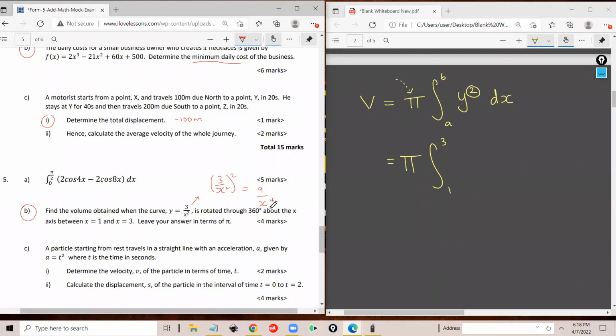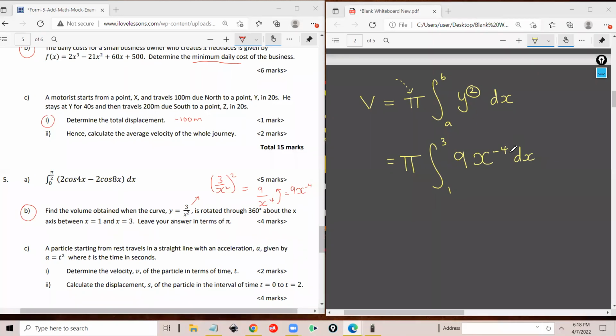When I am integrating, I really don't like it when the x is underneath. My advice is to make sure and throw it on top. So you get x to the power minus 4. So this is what you are essentially integrating: 9x to the power minus 4.